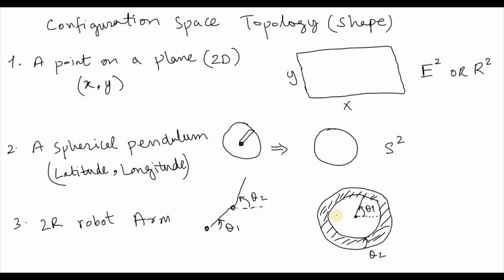So this is how your configuration space will look. If you want more examples of configuration spaces, then you should look at Table 2.2. Refer to Table 2.2 in the book Modern Robotics.